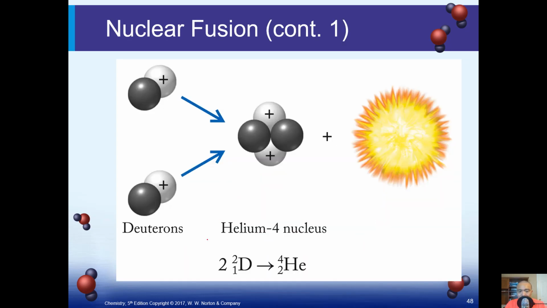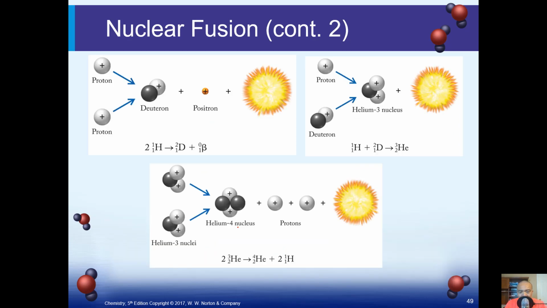Another reaction involves the fusion of two deuterium nuclei to form helium-4. Again, note the conservation of mass and charge in the fusion reaction, where the sums of the subscripts are the same on both sides. It's also true for the superscripts.